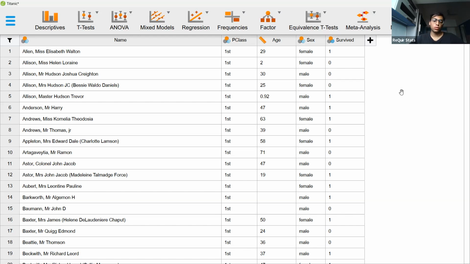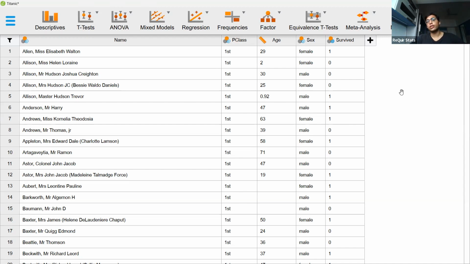So yes or no, high or low, whether an event occurred or not. So only two values, then you can run a logistic regression. If you have more than two values, you cannot run a logistic regression.